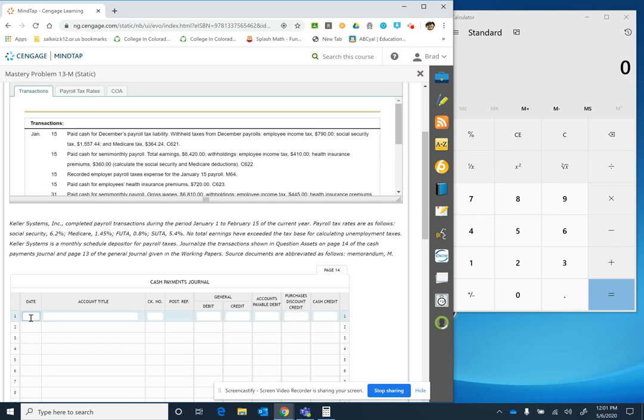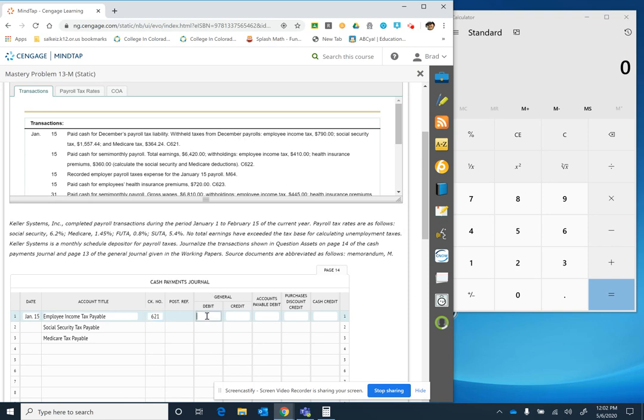So we've got January 15th, and we are going to make the payments for the employee income tax payable, and then we have our Social Security tax payable, and then our Medicare tax payable. When we make a payment to the federal government for the previous month's taxes, we are going to include our federal income tax, our Social Security, and our Medicare. The check number for that is going to be C20 or 621.